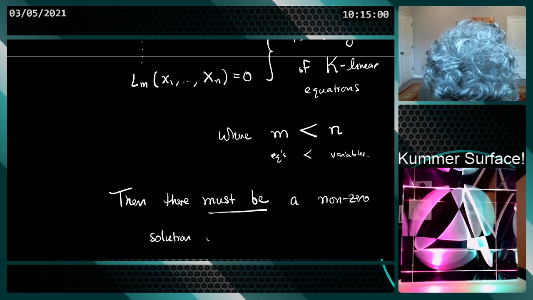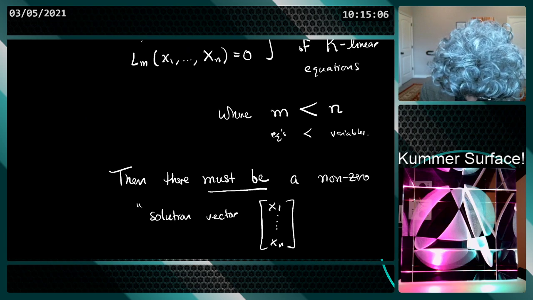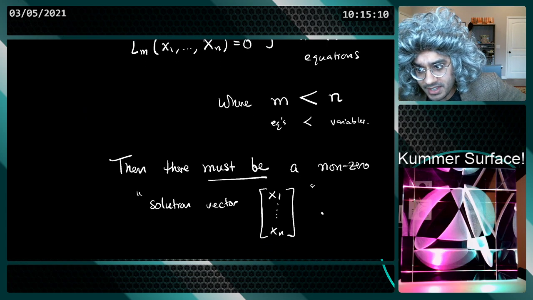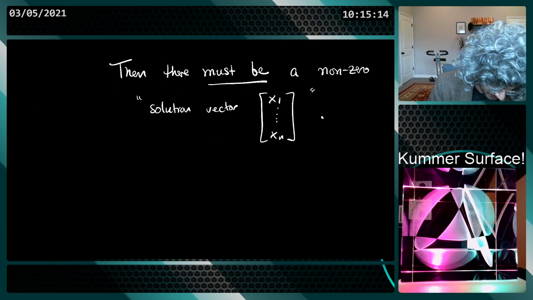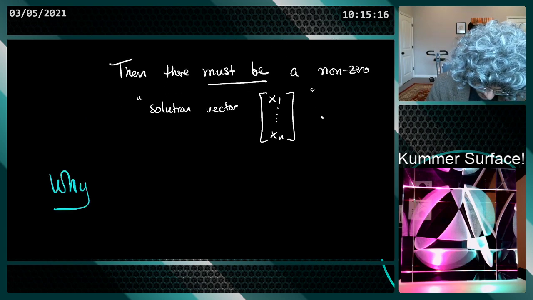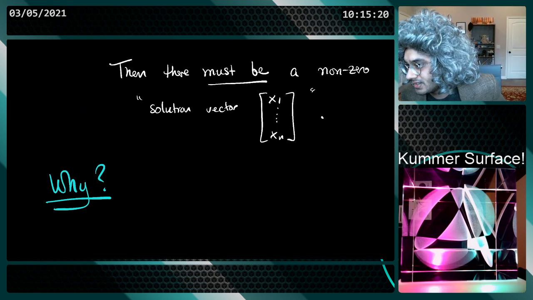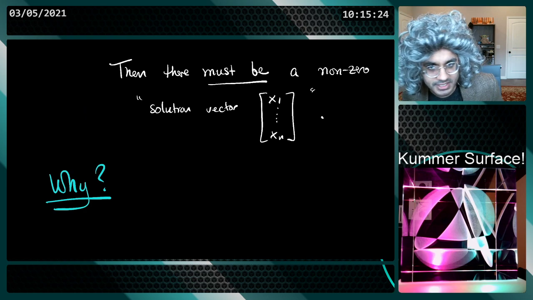Solution vector. Why is this true? I'm just going to tell you why. It's because row reduction didn't need your favorite field R or C or whatever.